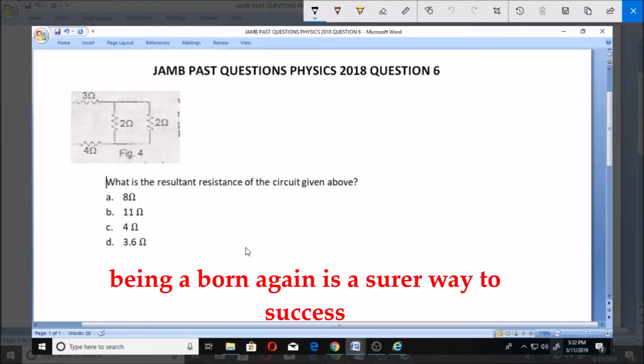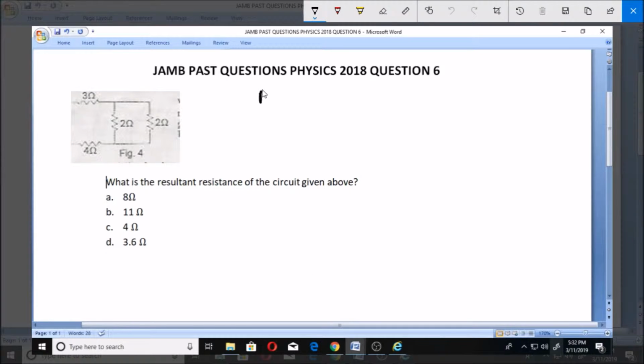resistance? Now, for us to be able to do this calculation very well, we need to know the formulas for resultant resistance. If the resistances are in series, the total resistance is R1 plus R2 plus R3. Then you continue adding. This is for a series arrangement.